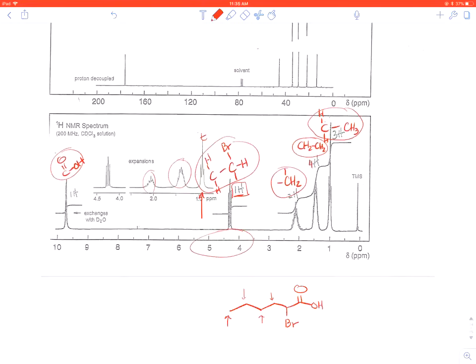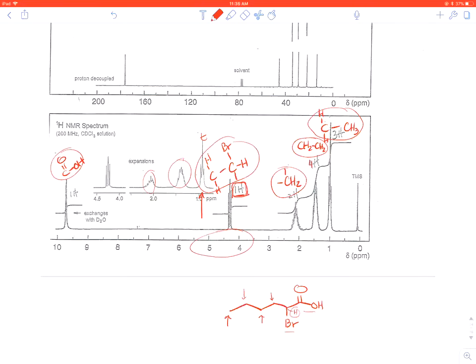So the fact that we only have 1 CH group means that the bromine has to be attached to that carbon, and the chemical shift tells me that it's shifted downfield due to the presence of 2 withdrawing groups.